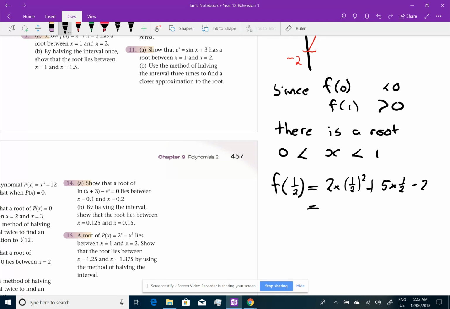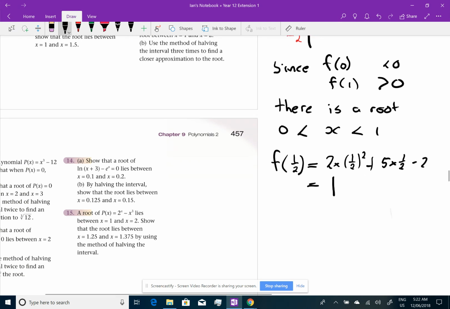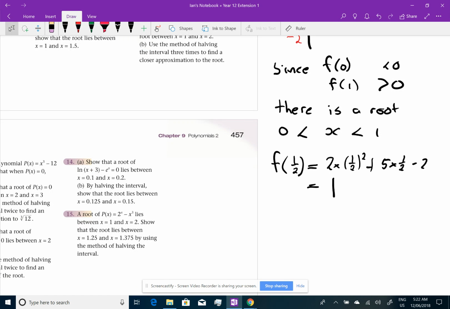Now, I put that in my calculator, and I get 1.